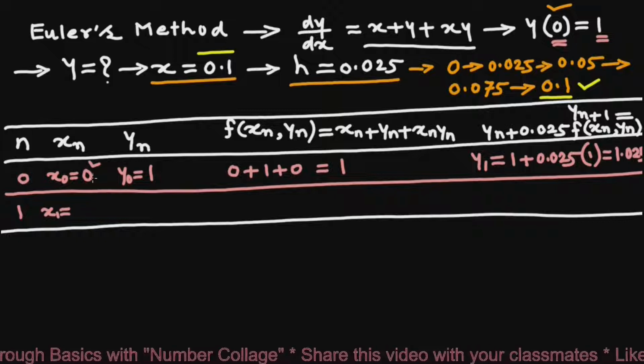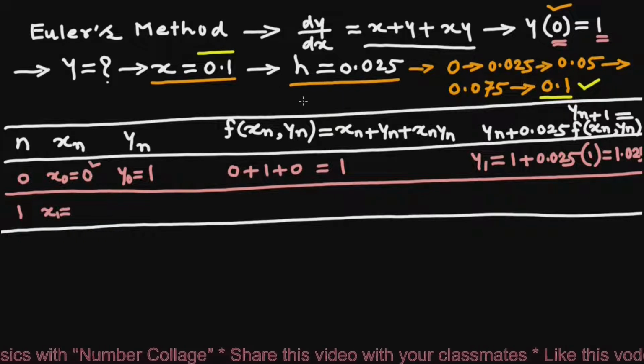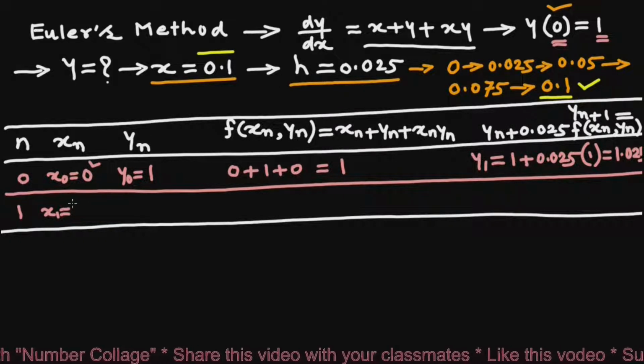In the next row we write n equals 1. x1 will be x0, which is 0, plus h, which is 0.025.